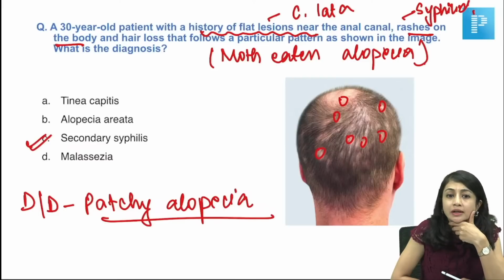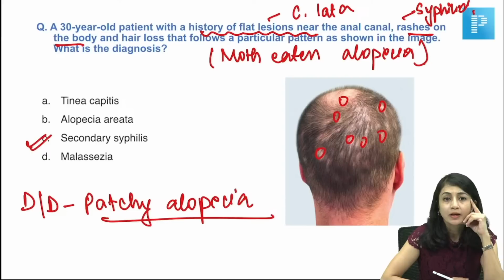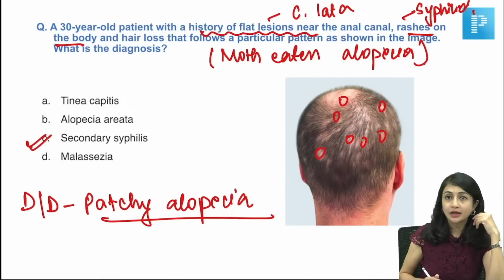So any other inputs for this question before I move on to the next question? Did we have any other options, or was there anything else in the history? Great. In case there is anything, you can write it in the chat box and we can come back to this question.